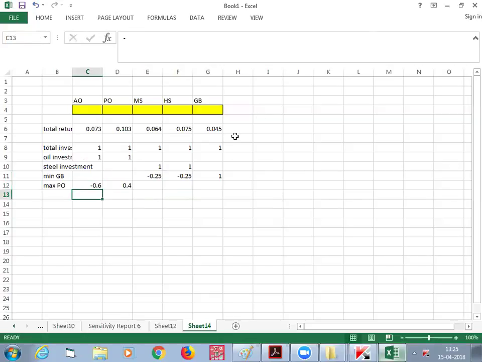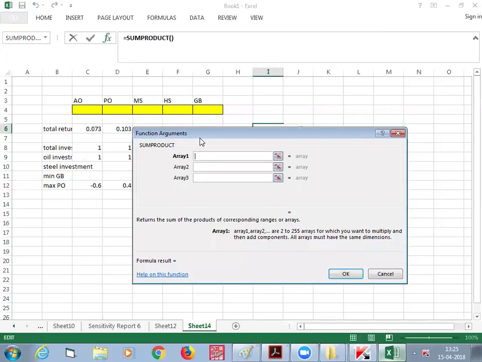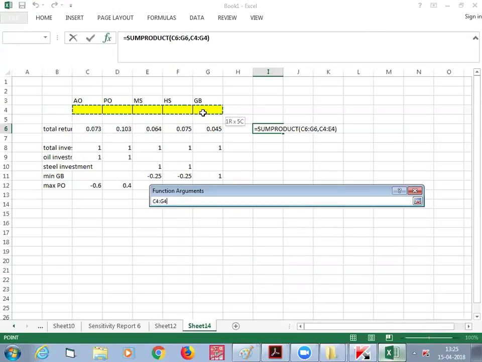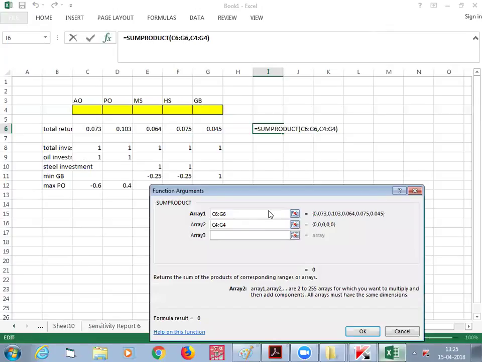Okay, so that's how the constraints work out. I've just brought everything to the left hand side, that's all. So this and this, and we fix these. Okay, this one and this one.